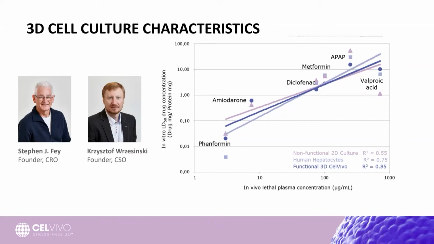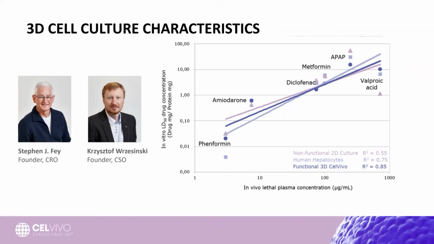Of course, the pharma industry is very aware of this, and the golden standard is to use primary human hepatocytes to predict toxicity. When you use primary hepatocytes, it actually does a very good job in predicting the toxicity of the drugs compared to the in vivo data that is available.